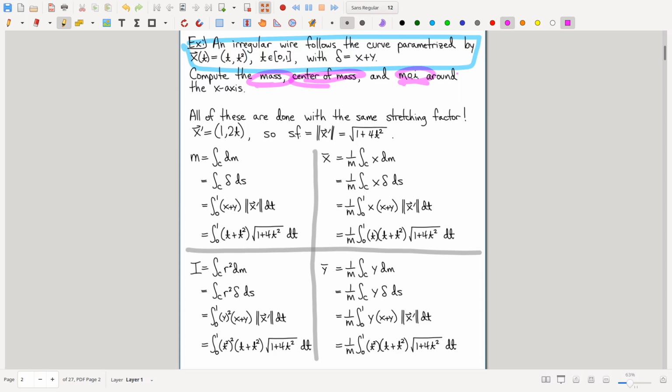So 4 separate calculations that we're going to do on that same wire. We're going to walk through a couple of them, and I'm going to leave the other 2 for you to walk through on your own as a nice exercise. So let's talk about the top 2.